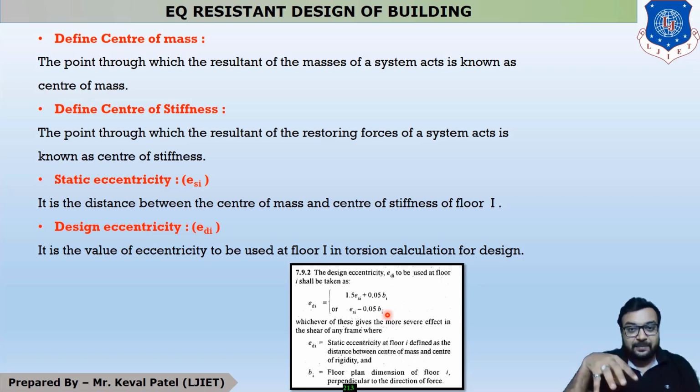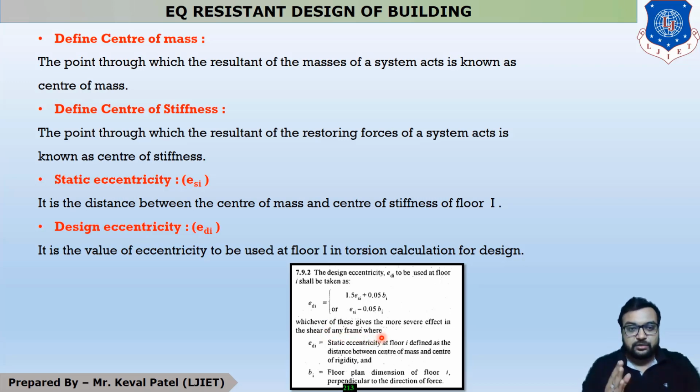Your second formula is esi minus 0.05 bi. Now you have two values, but for which value do you have to design? It is clearly mentioned that whichever of these gives more severe effects, meaning the maximum value, because the maximum value gives more severe effect in the shear of any frame.